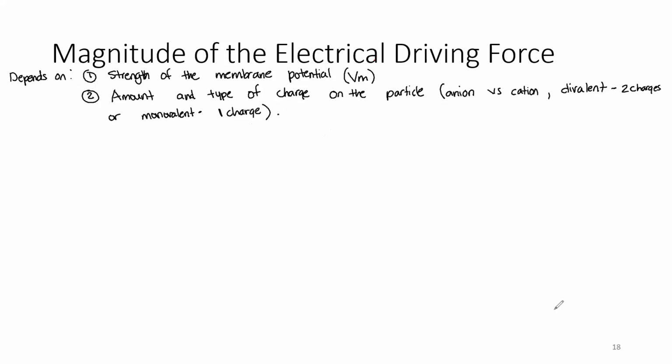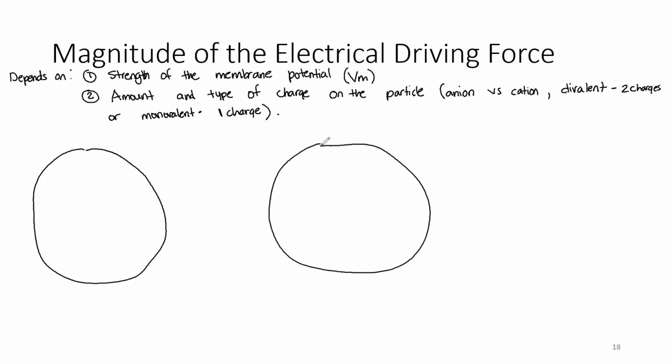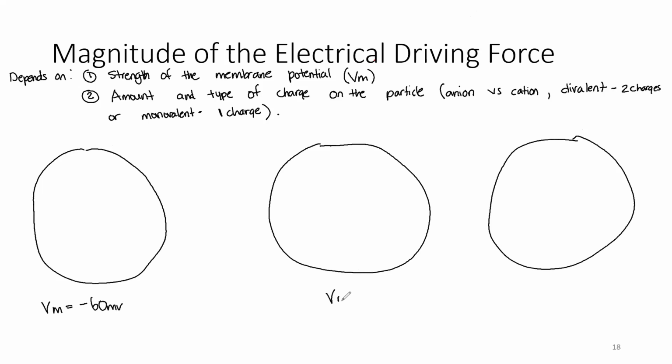Let's look at another scenario. Down here, again, we're going to talk about some cells. We've got a first cell here, a second scenario in the middle, and then we'll look at a third scenario. Let's start by describing the membrane potential for each of these cells. Our first cell has a membrane potential of -60 millivolts. Our second cell has a membrane potential of, let's say, -120 millivolts, so an even stronger force, much bigger in terms of that value.